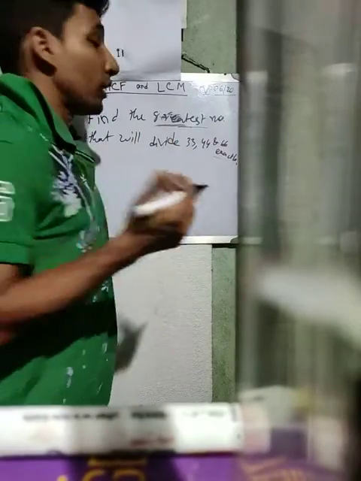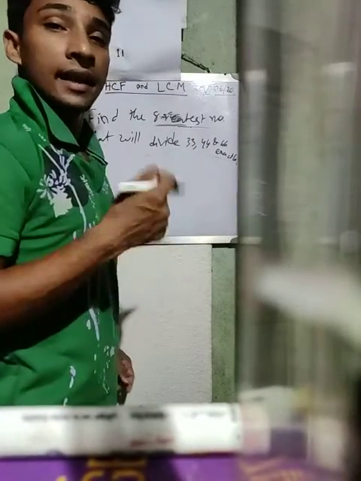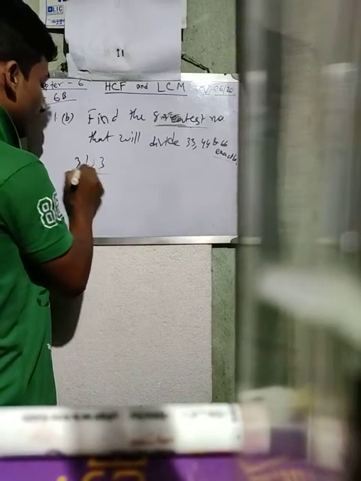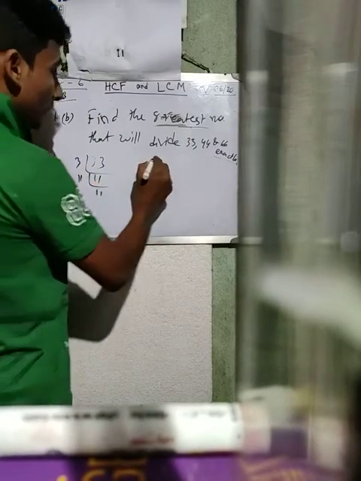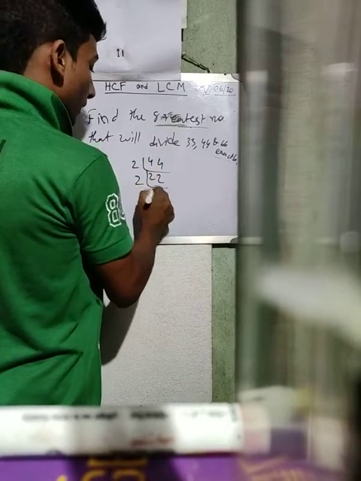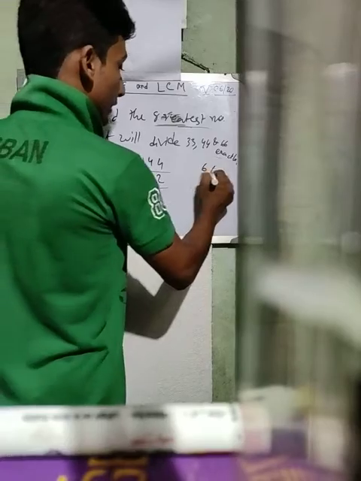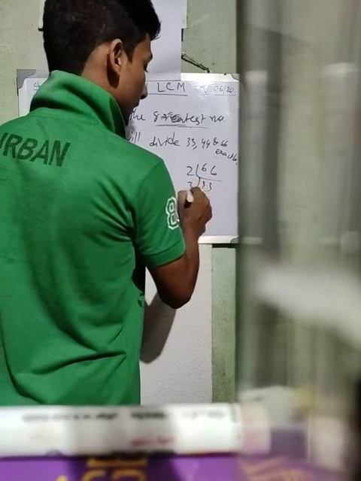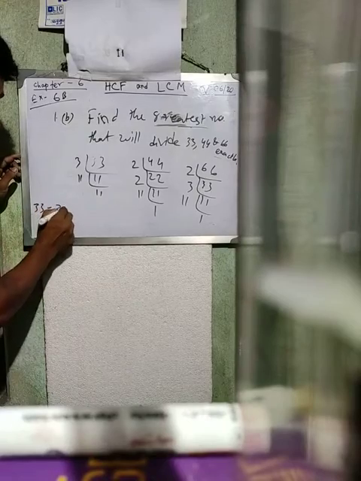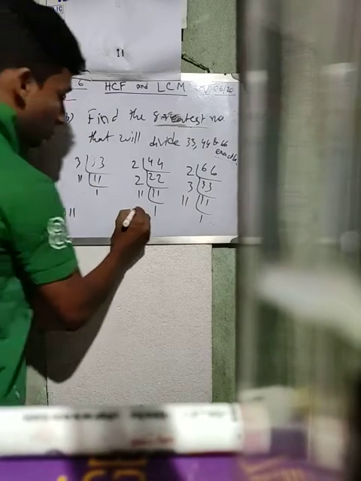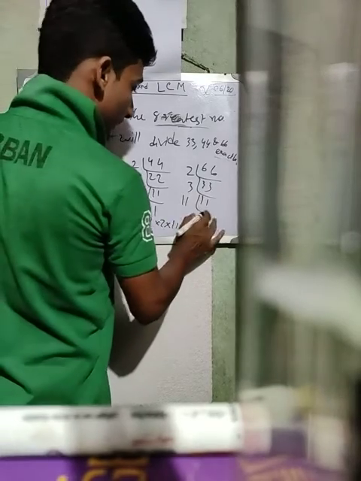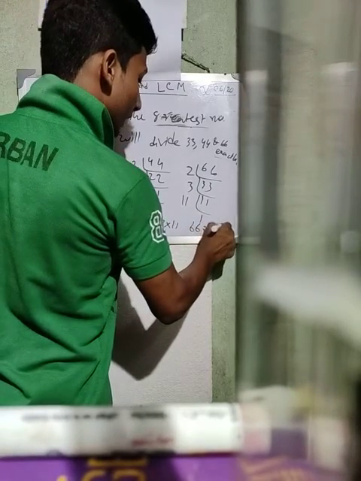So if we calculate the HCF of these numbers, then we will have the result. 33 is equal to 3 into 11. 44 is equal to 2 into 2 into 11, and 66 is equal to 2 into 3 into 11.